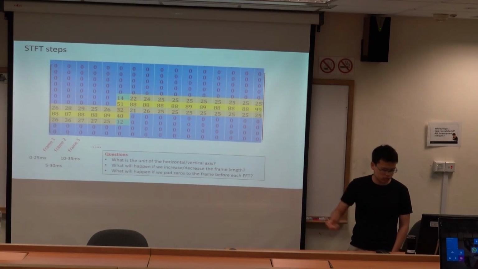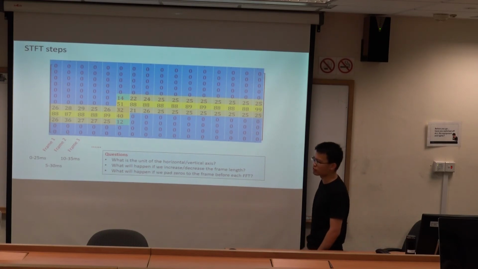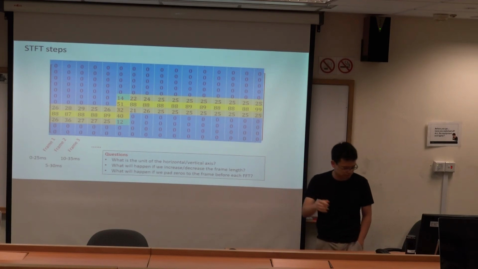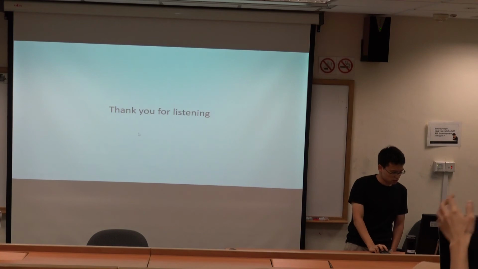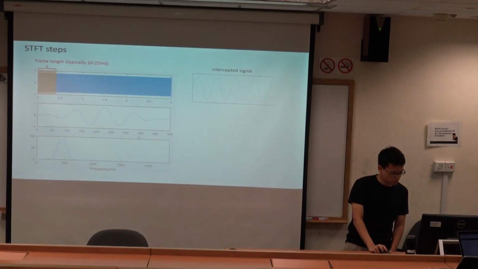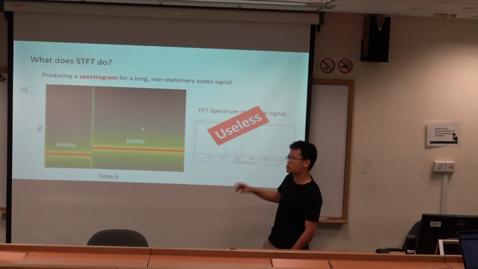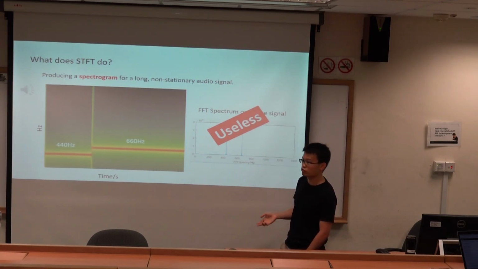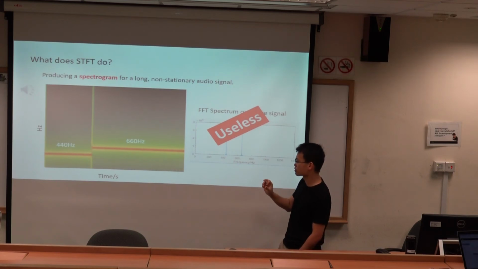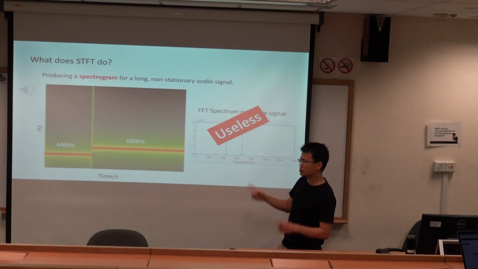what will happen if we add zeros to the frame before each FFT? That will produce a similar result as increasing the frame length, but a little bit different. If you increase the frame length, you have more information to calculate, so the frequency will be accurate.